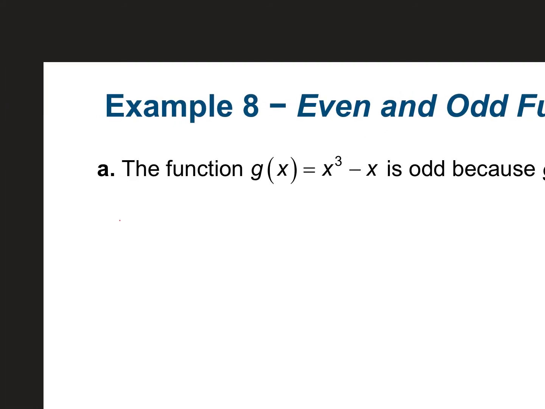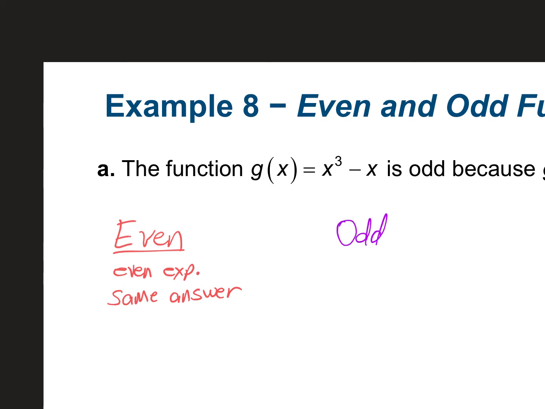Write down the word even. It's even exponent. Same answer. And I'll show you what I mean by that in a second. And if a function is odd, it'll have an odd exponent. And it'll be opposite answers.